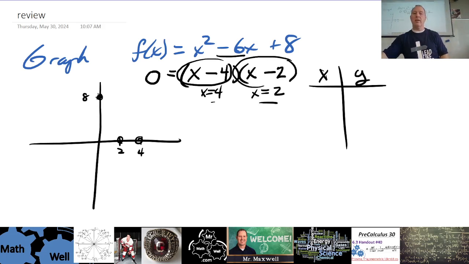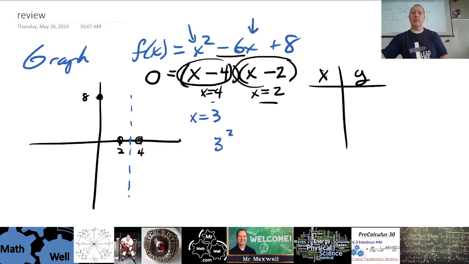Okay. The picture is looking pretty good right now. There's one more thing I can find, and that would be the vertex. So like, how low do I have to go here? Well, x equals 3 is my x value for the vertex. That's the axis of symmetry. You see that? So there's a few things I could do. I could find the vertex now, and I'm going to just plug 3 into x to solve for y.